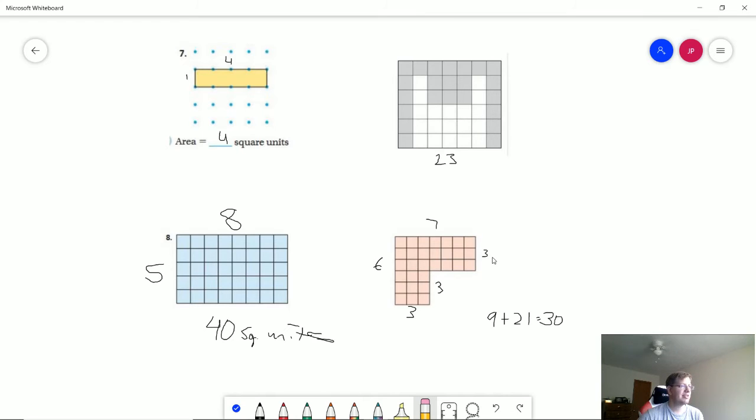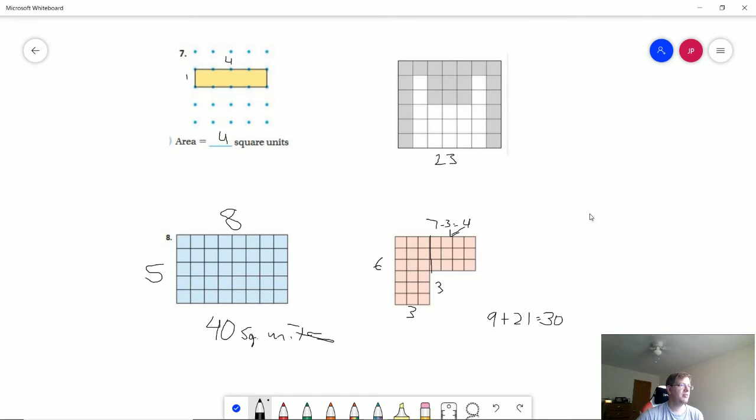So let's say that this was what they gave us. And then if we wanted to go this direction, what we would end up doing is we would have 3 times 6 for one of them, and then we would have to know that this would be 7 minus 3 equals 4 for this part.